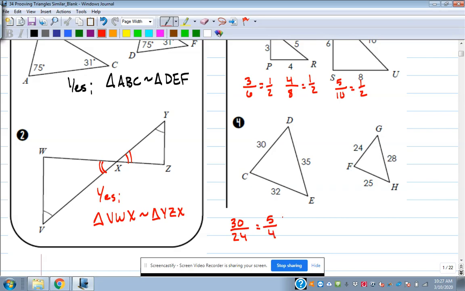If you did it the other way, it's still going to be okay. If you did 24 over 30, as long as you do your ratios the same every time. I started with the bigger triangle here just because it was on the left. It really doesn't matter which way you do that. So 5 over 4 is the ratio we're looking for. So then I'm going to go to the next largest side, just trying to make a systematic way of doing this. So 32 should relate to 25, right?